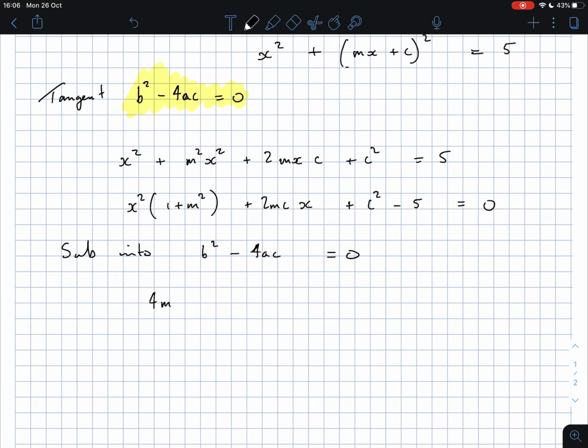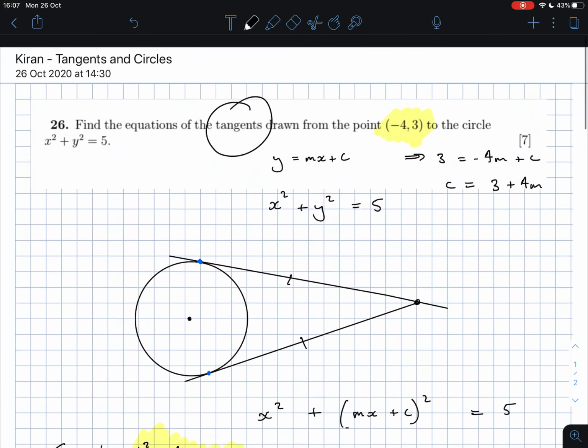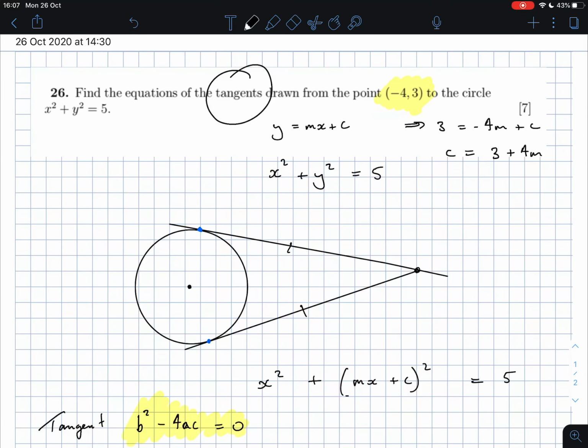So if we do that, we get 4m squared c squared minus 4 (1 plus m squared)(c squared minus 5). And I know what you're thinking. You're probably thinking, oh, okay, but we've still got m and c in this equation. But remember, right at the beginning, because we knew which point it went through, we have another substitution that we can make, which is here.